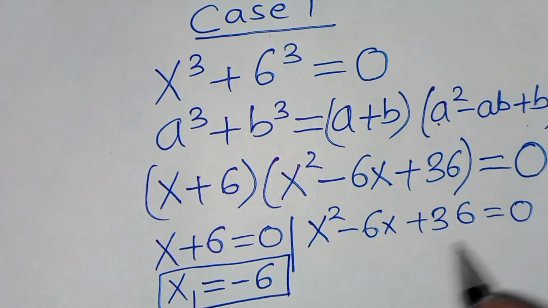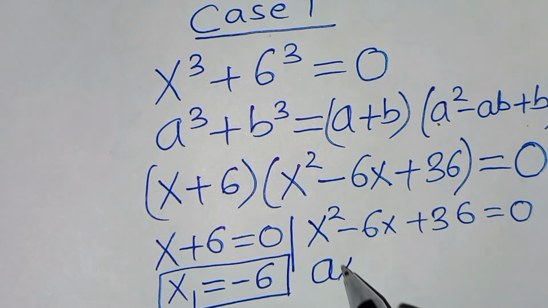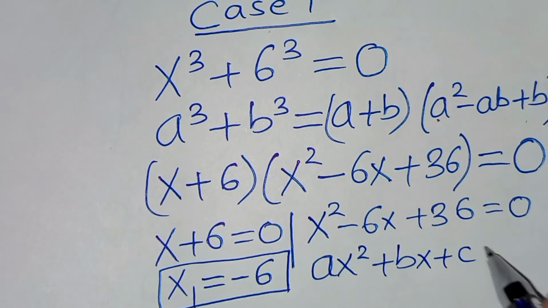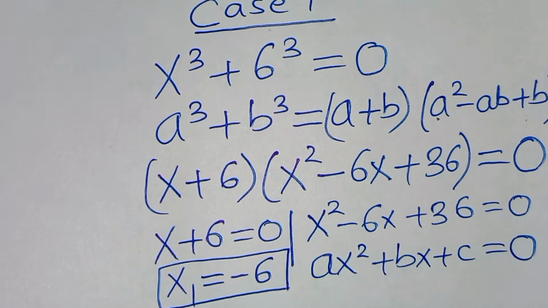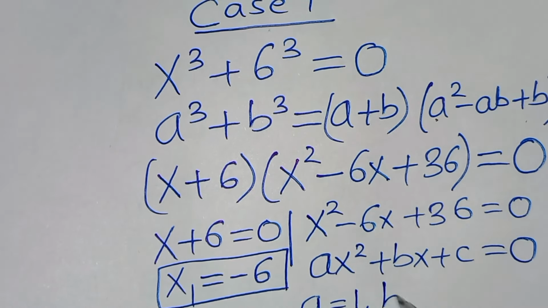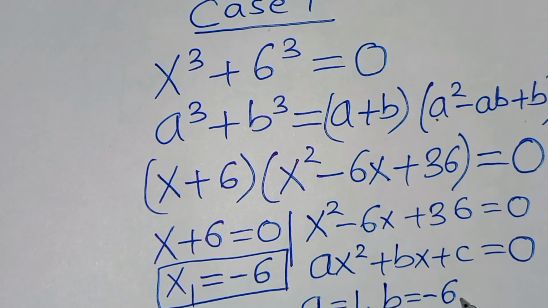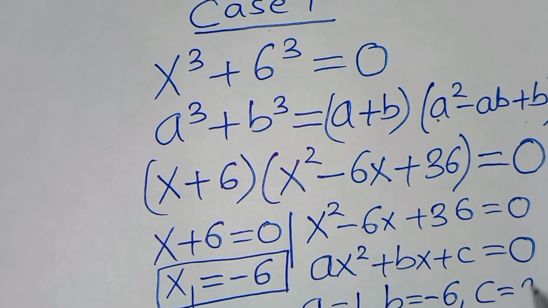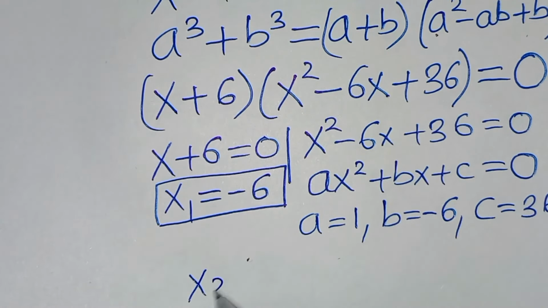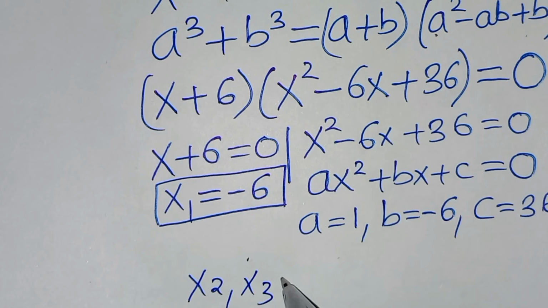The second part is a quadratic equation of the form ax squared plus bx plus c equal to 0. From this quadratic equation, a is equal to 1, b is equal to minus 6, and c is equal to 36. So this implies x2, x3.